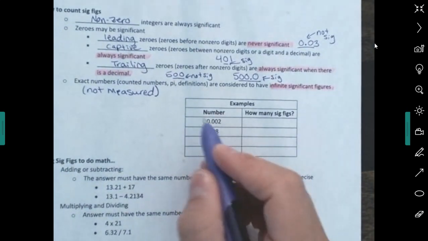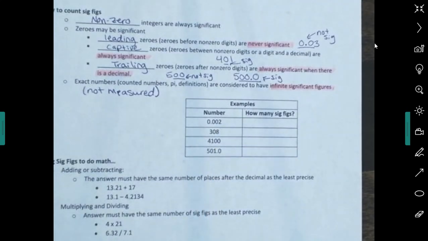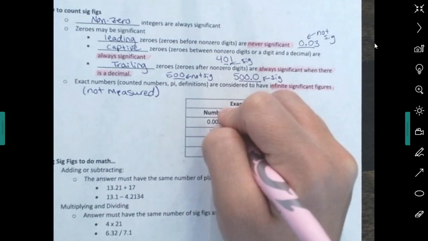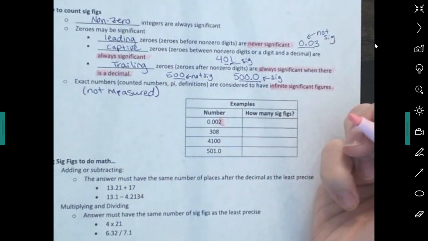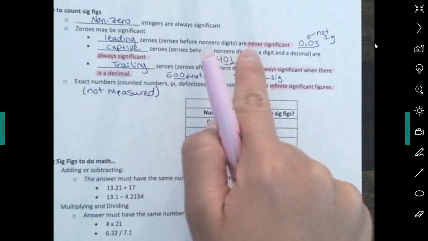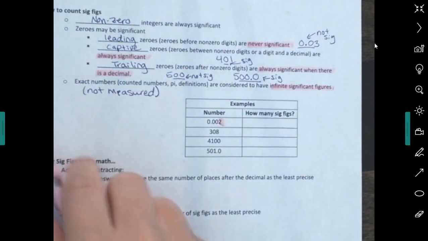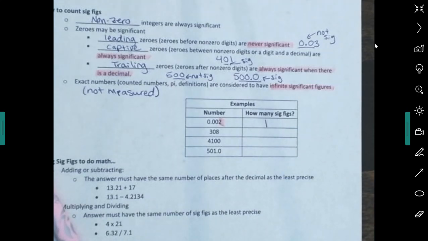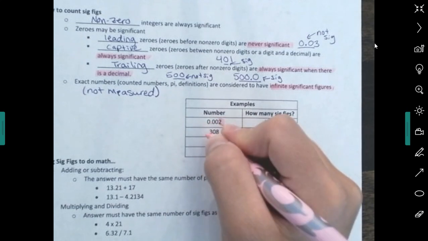Okay, so let's do some examples. How many sig figs? Anything that's not a 0 is automatically significant. So the 2 is automatically significant because it's not a 0. These zeros here look like leading zeros. Leading zeros are never significant. So that means that this only has 1 sig fig. That 2 is the only significant digit there. Okay, here we have a couple non-zeros.